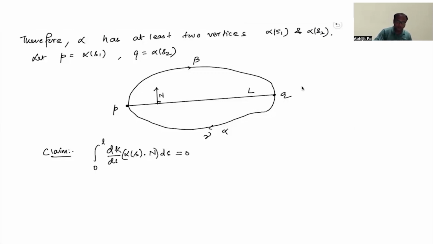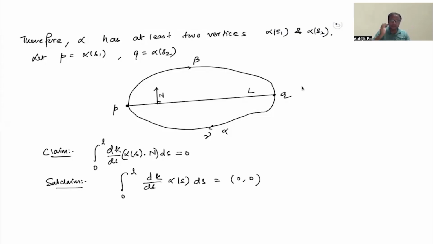So first we will prove this. In order to do this, first observe that this integral is equal to (0, 0).